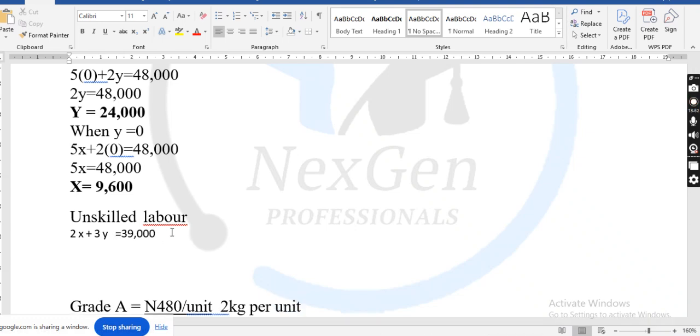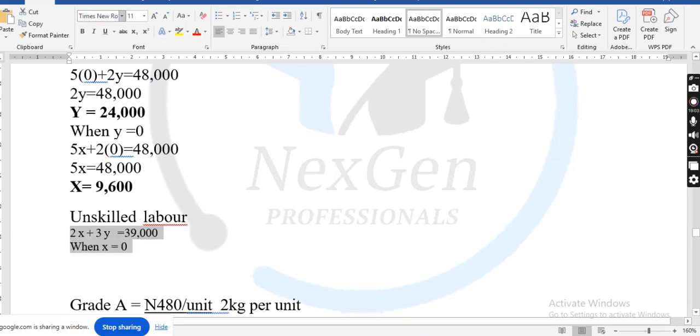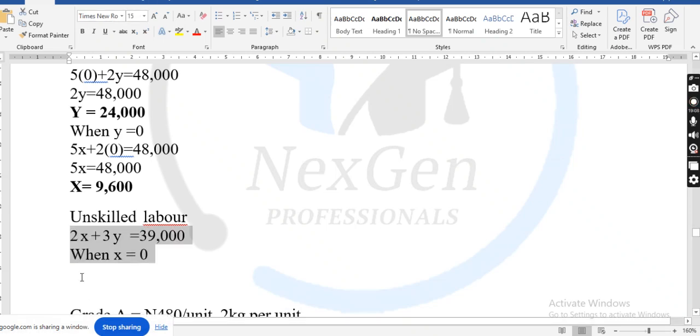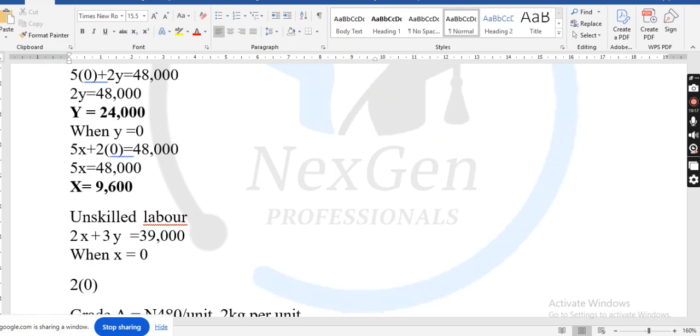So when x is equal to 0, what is y? Right? So 2 open bracket 0, this plus 3y equals 39,000.